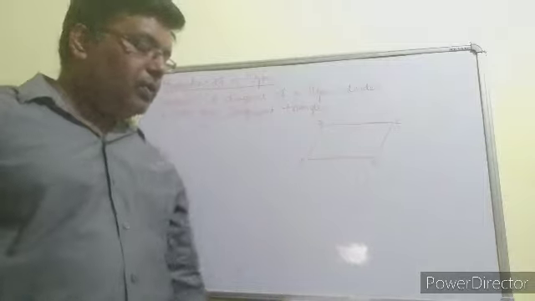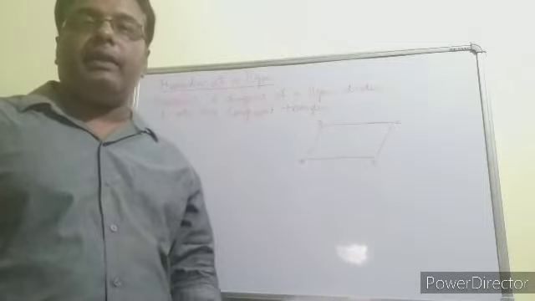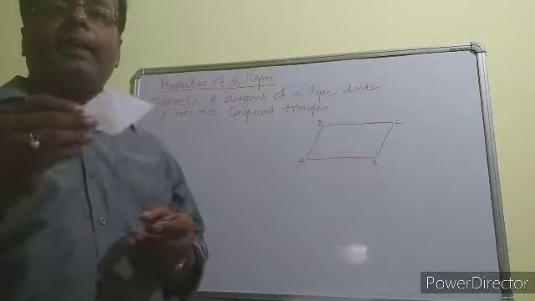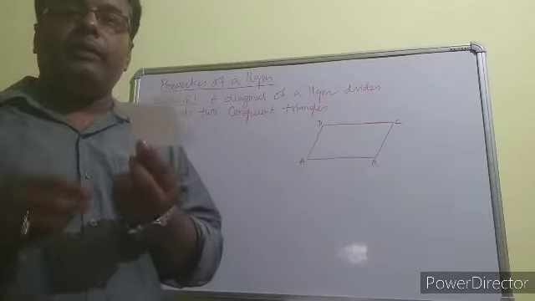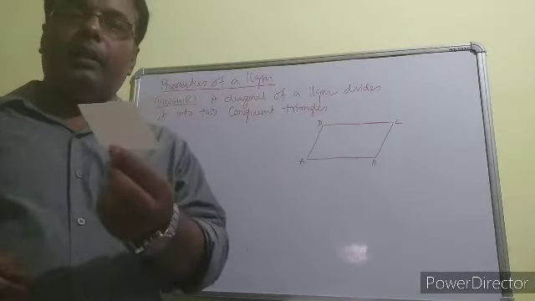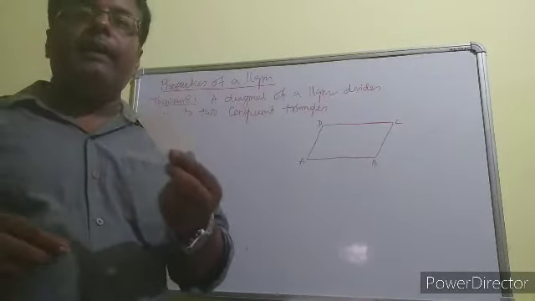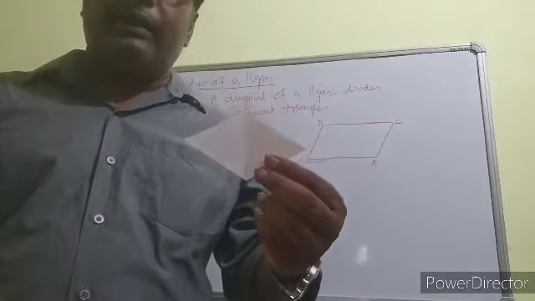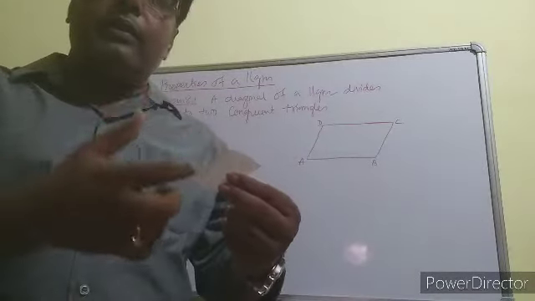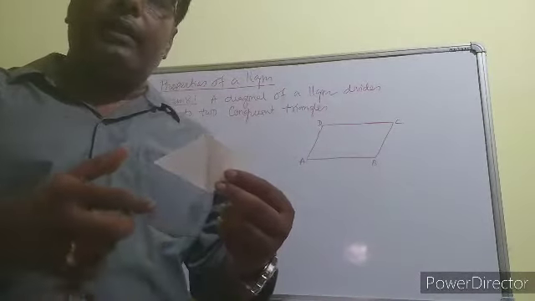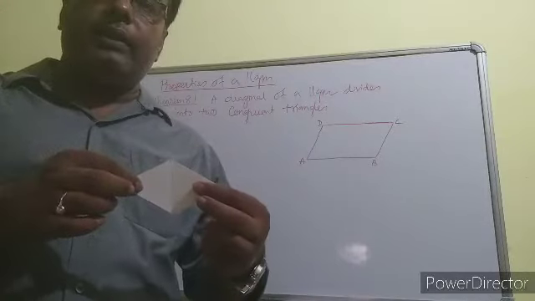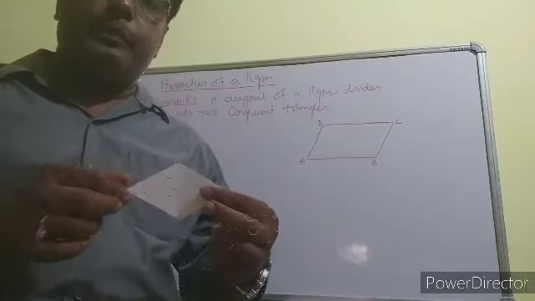So this proof we can do using an activity. Suppose we take a parallelogram here. This is a parallelogram, and in this parallelogram we draw a diagonal here, and now we will cut it through this diagonal. Then we will get two triangles here. Now see what happened.